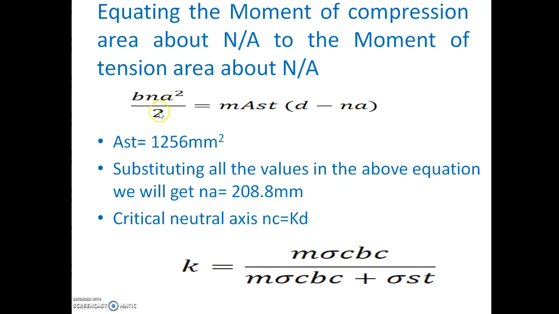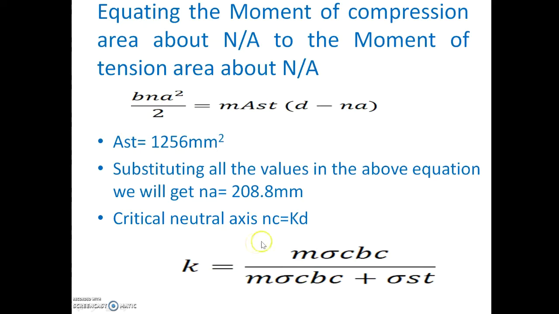All the values are given. Ast is equal to 1256 mm square. Substituting all the values in the above equation, we will get NA is equal to 208.8 mm.